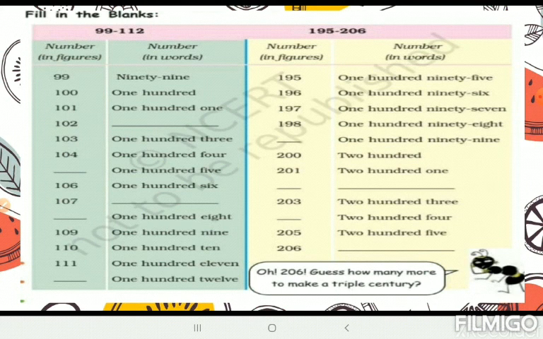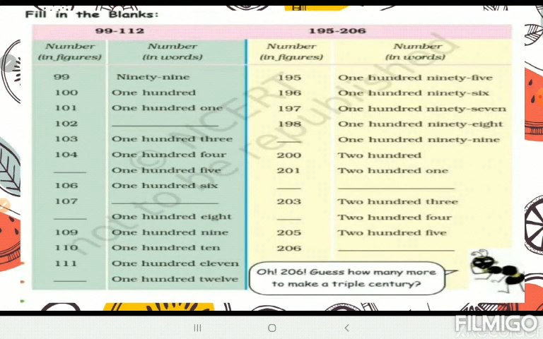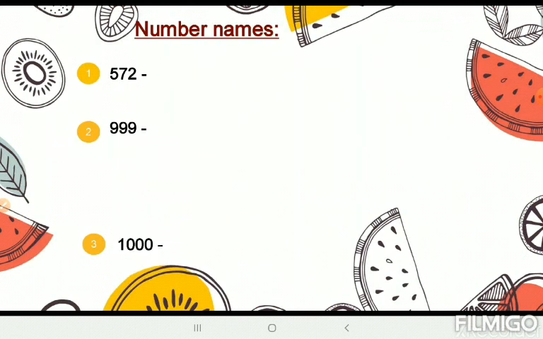In the first column, it is showing the numbers in figures, and then you have number in words. Wherever it is incomplete, you are going to complete it yourself. It's only 3-digit numbers, which you have already done in your previous class.